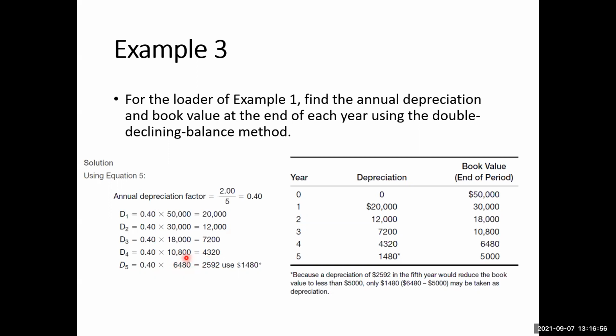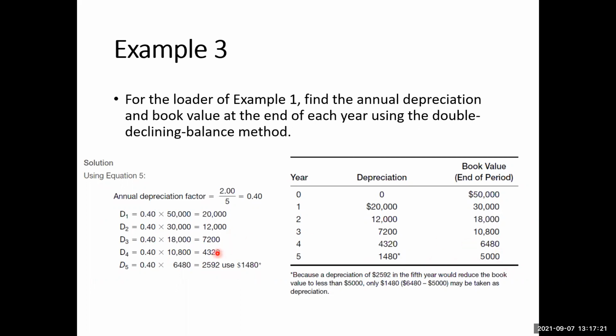But 6,480, if we take its 40%, then we will get 2,592. But now if we take 6,480 minus 2,592, it will be less than $5,000, which is the salvage value. So we cannot go less than the salvage value.